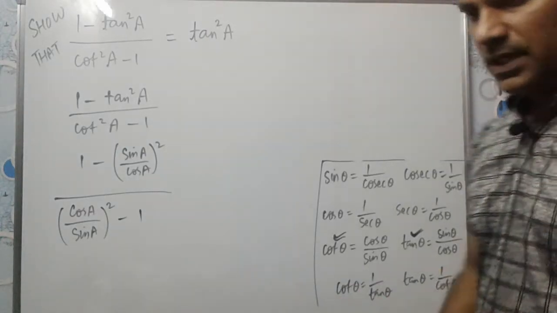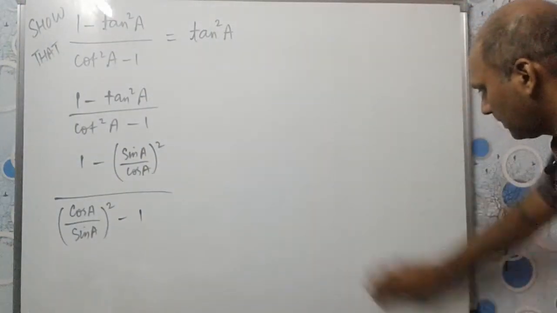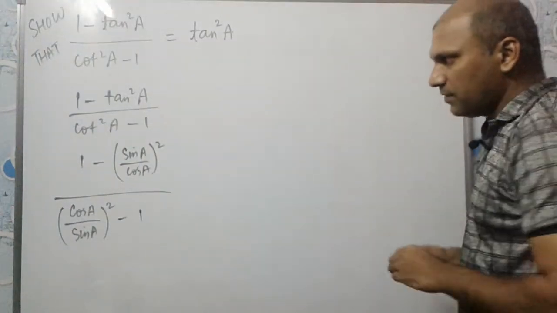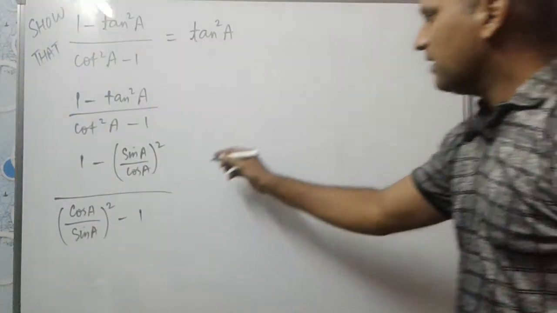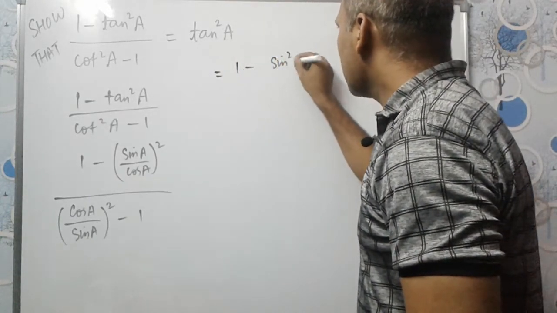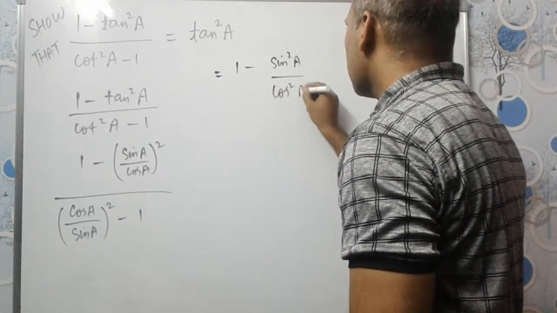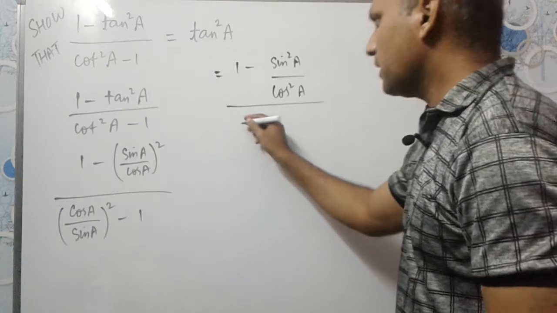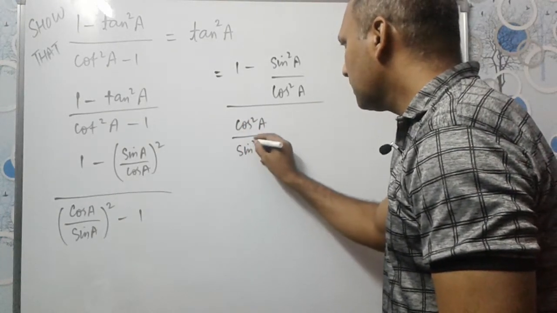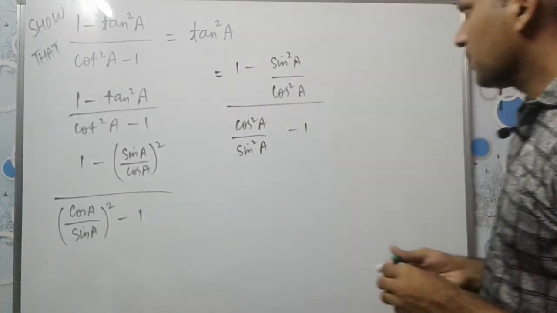All right, now let me just rub this. I'll use this part of the board as rough. Now what do we have here? This is 1 minus sine square A divided by cos square A, and here it is cos square A divided by sine square A minus 1. Square is for sine, square is for cos.